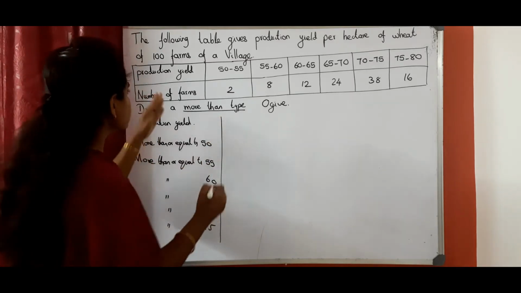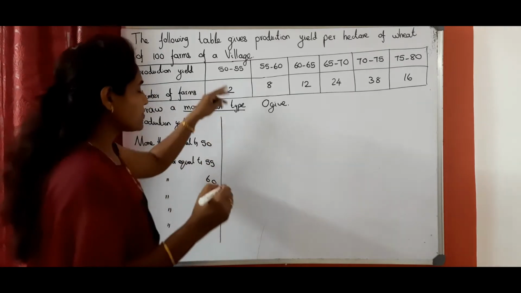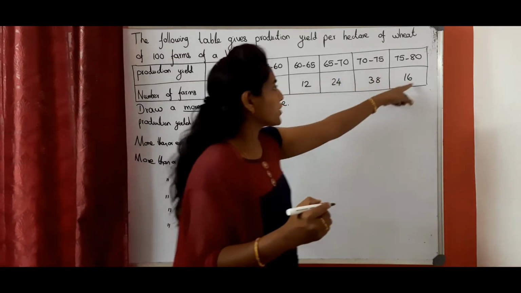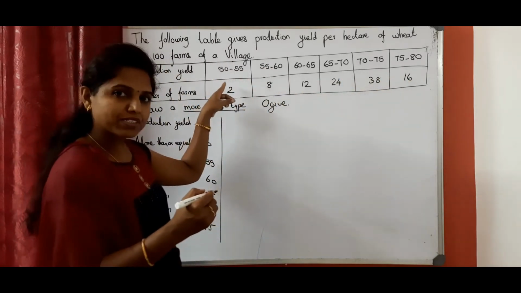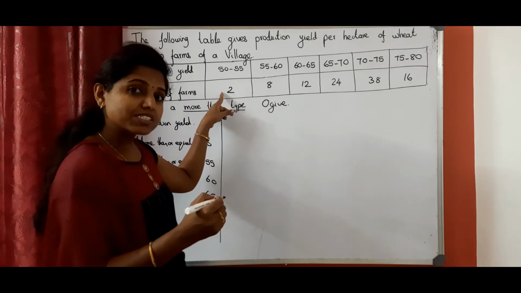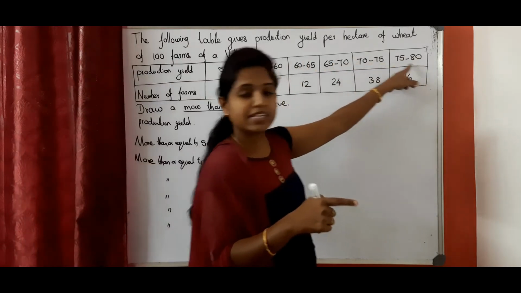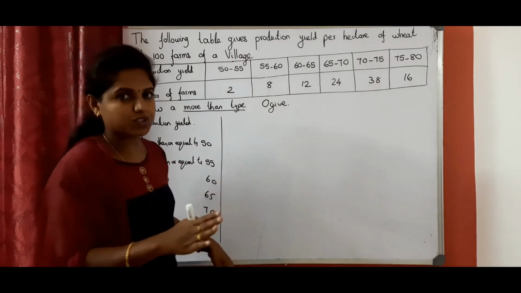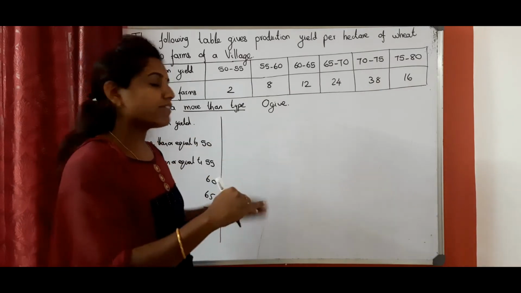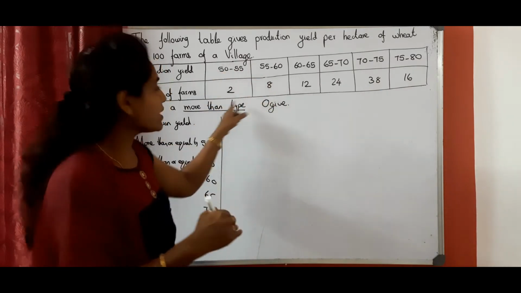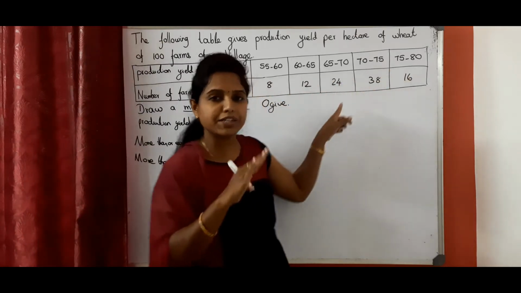The next is number of farms. Now do you think the given value is a frequency or a cumulative frequency? The given value is a frequency. How can we check? They gave a class interval. They did not give more than or equal to values. Suppose if they gave more than or equal to values, then the given value would be a cumulative frequency.